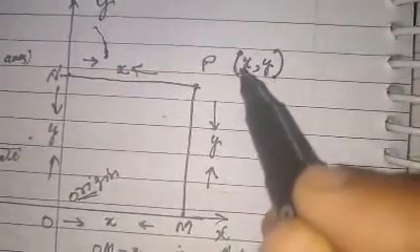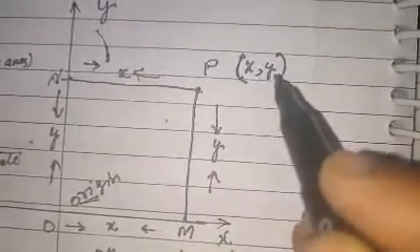Now point P in the XOY plane is x units away from the y-axis and y units away from the x-axis. So the coordinate of point P is (x, y), where x is the abscissa and y is the ordinate.